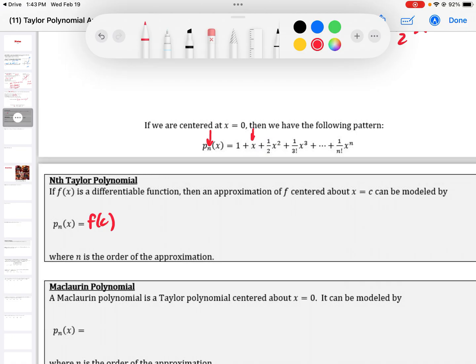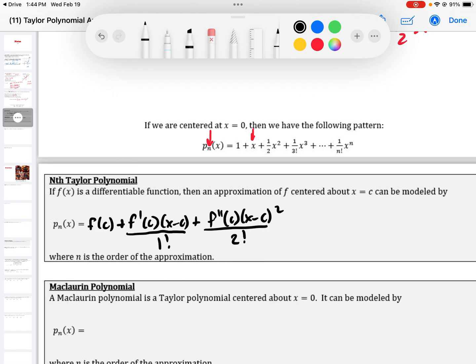It's going to be f of c, because if I plug in the x number, it needs to have the same y number, plus f prime of c times x minus c, plus... So wherever your approximation is centered around, if it's centered around x equals 2, that would be f of 2, plus f prime of c times x minus c, plus the second derivative of c times x minus c squared over 2 factorial, or over 2.